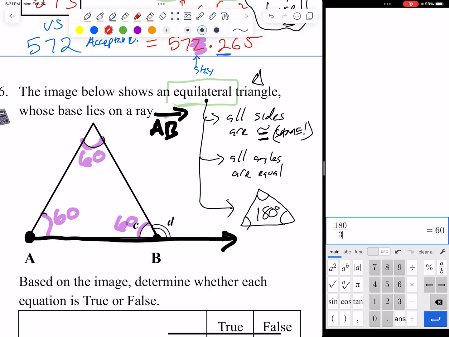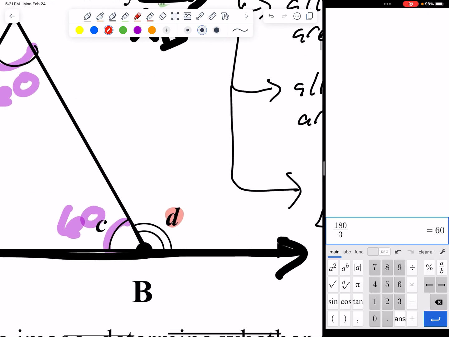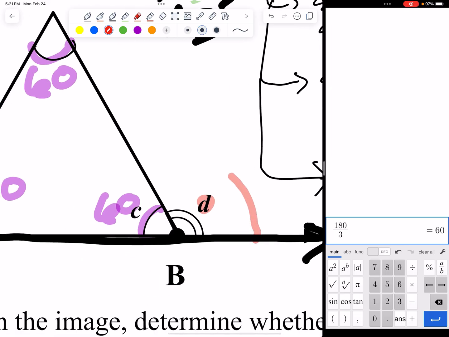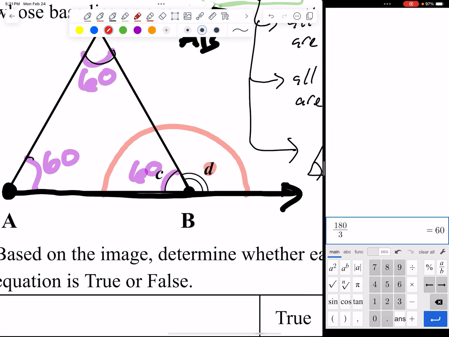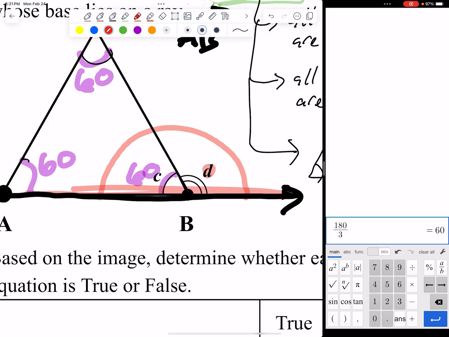So then the trick is, how do I find the angle D? Well, D is adjacent, more vocab for you, which means it is next to angle C. So can you tell that if I combine C and D, I get a flat line right here? And what did we just say about a flat line?